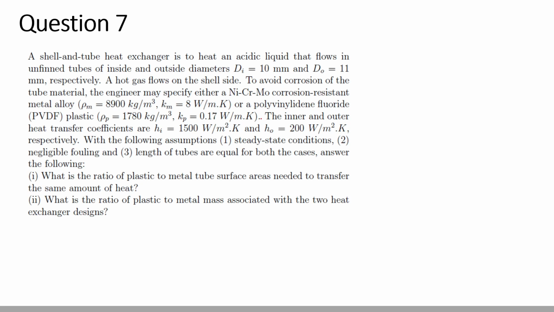The inner and outer heat transfer coefficients are h_i equal to 1500 W/m²K and h_o equal to 200 W/m²K. With the following assumptions, what is the ratio of plastic to metal tube surface areas needed to transfer the same amount of heat? And what is the ratio of plastic to metal mass associated with the two heat exchanger designs?